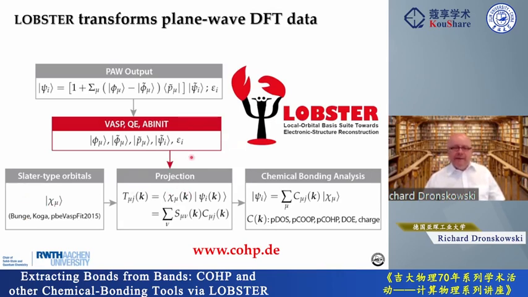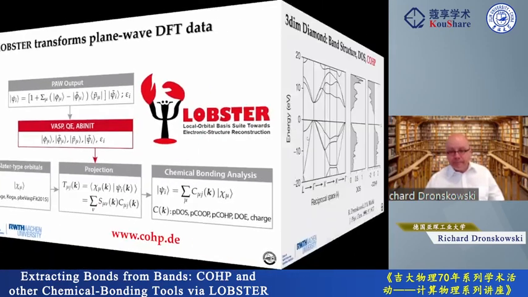What it does, it makes a unitary transformation between a completely delocalized representation, which you get using plane waves, into a completely localized representation. And this is done, as opposed to the Wannier method, which is done in real space, analytically and accurately in reciprocal space. And then you have a representation of your extended electronic structure with the atomic orbitals. And then you can do all kinds of chemical bonding analysis.